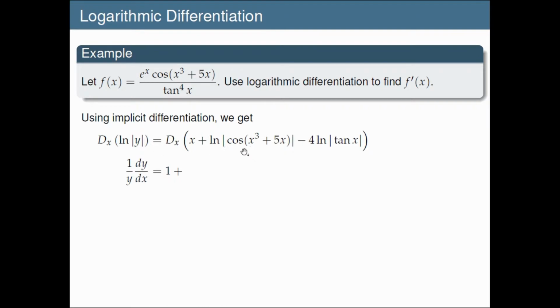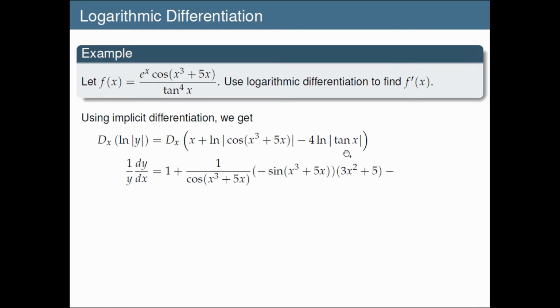Then, derivative nito. So, we have 1 over cosine x cubed plus 5x times negative sine of x cubed plus 5x. Since derivative ng cosine is negative ng sine, times 3x squared plus 5. Since derivative of x cubed plus 5x is 3x squared plus 5.